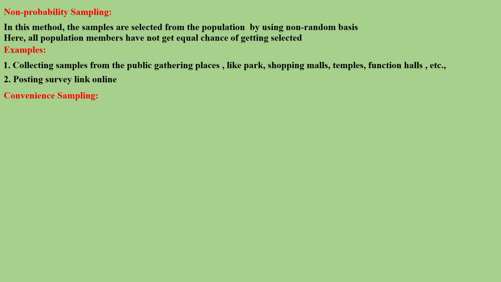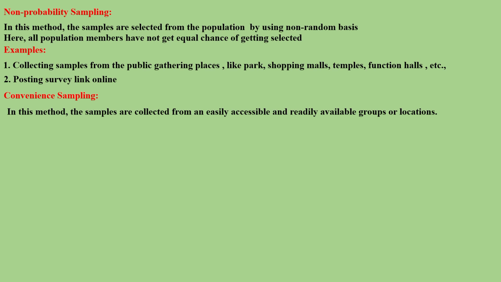Convenient sampling. In this method, the samples are collected from an easily accessible and readily available group or location. So convenient sampling means you can ask some friend circle, relative circle. So you ask their opinion. If you get some information to survey, then you ask those people and you put your conclusion on that.